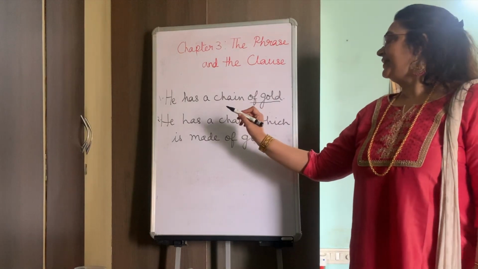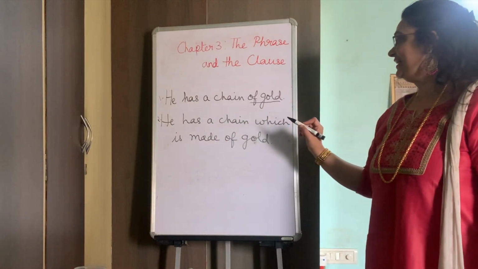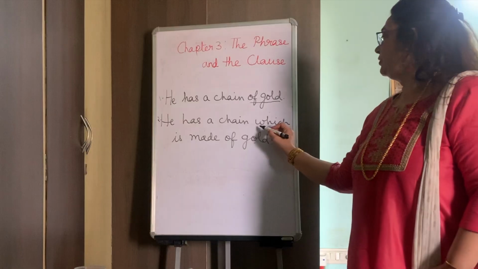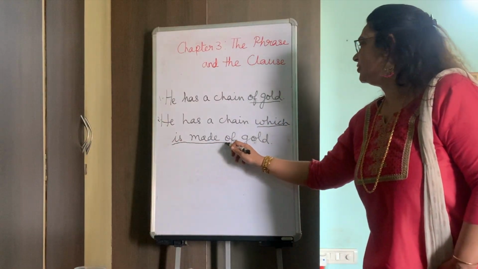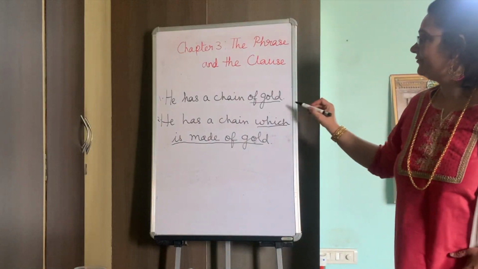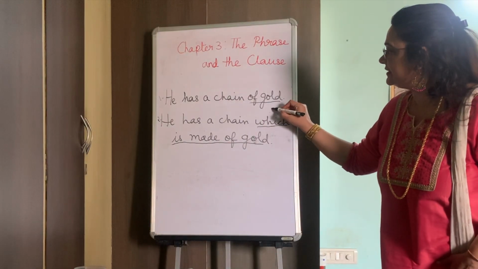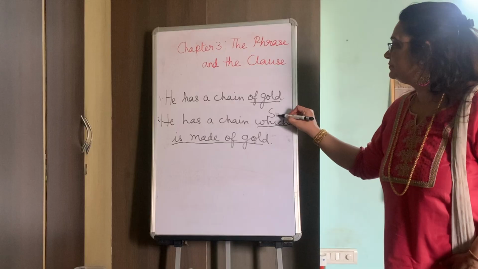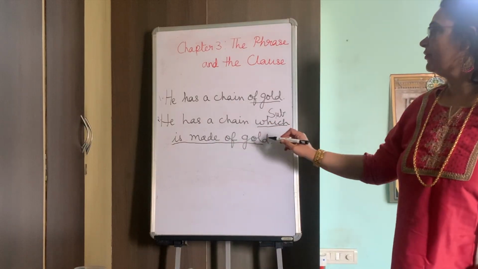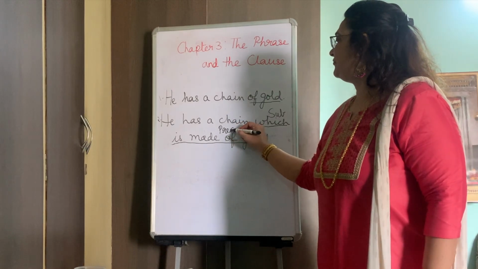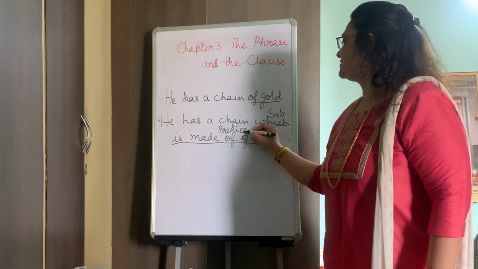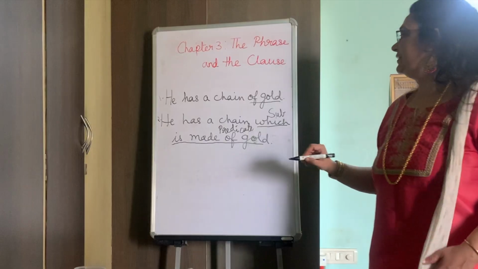But when I say he has a chain which is made of gold, which is made of gold is a clause. Because here we have a subject, which is the subject here, and is made of gold is the predicate. In a clause, you will find subject as well as predicate.